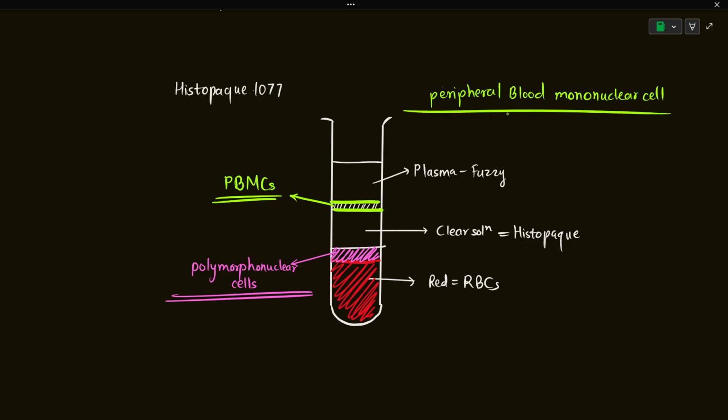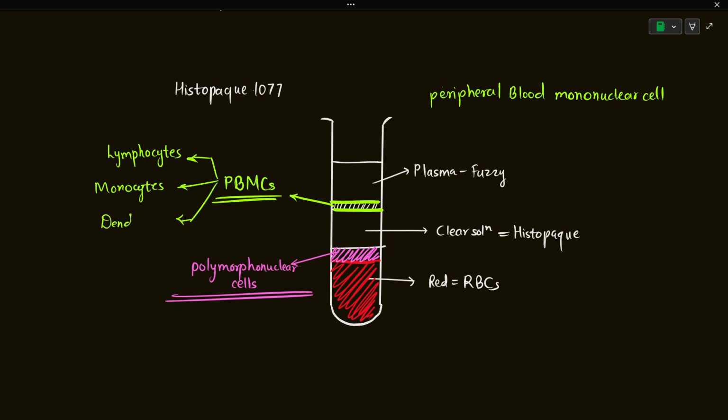In these PBMCs, almost 70% of the constitution is lymphocytes. It also has monocytes, both of them being agranulocytes, and a few dendritic cells.